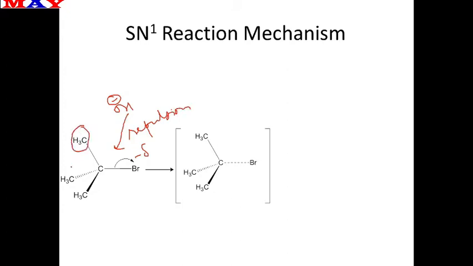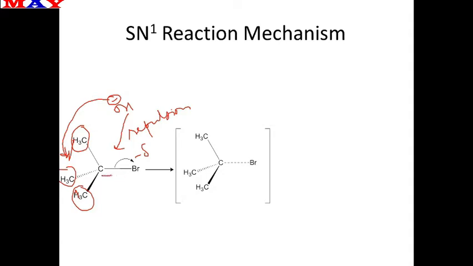From the back side, the size of the methyl groups is too large and this steric hindrance does not allow OH minus to attack from the back side. So neither front side nor back side attack is possible in this substrate.